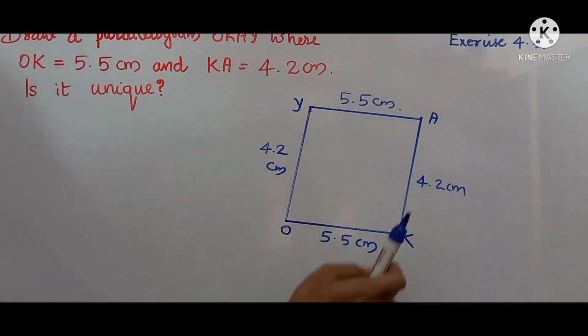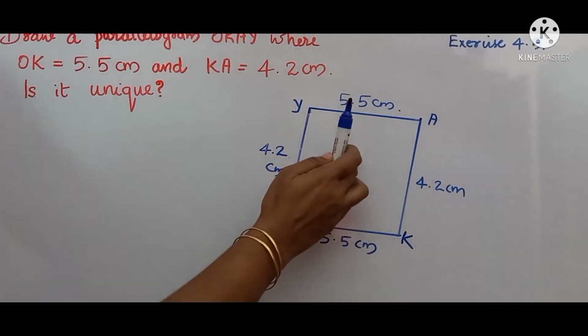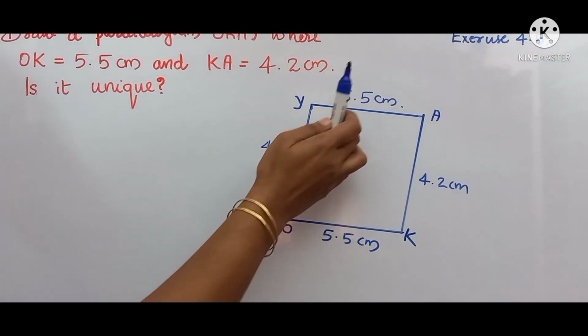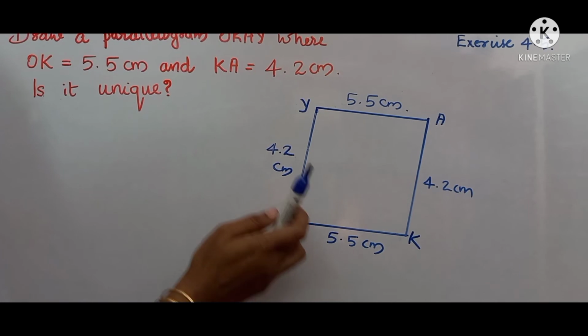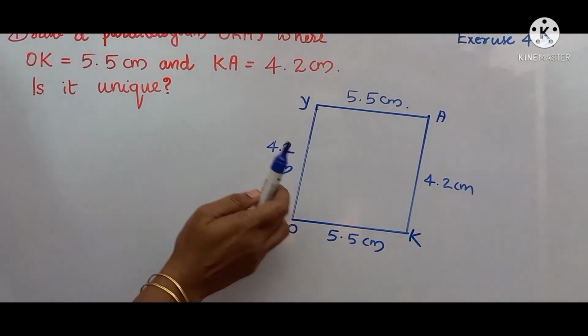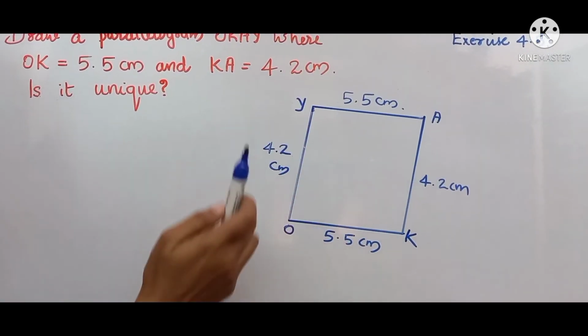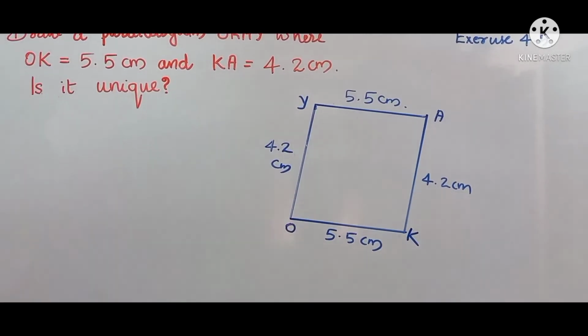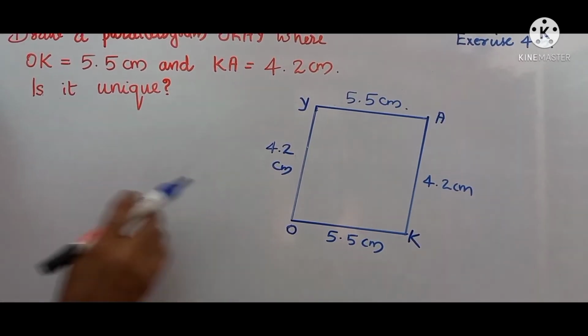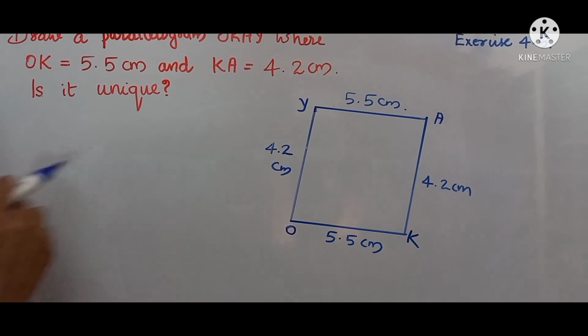We know it is a parallelogram. Opposite sides are equal, so AY is equal to 5.5 centimeter and OY is equal to 4.2 centimeter, and no angles are given.